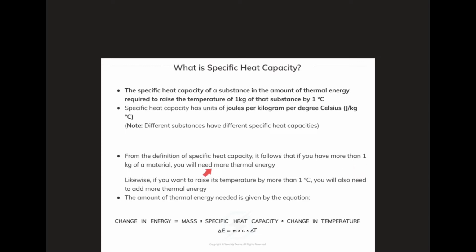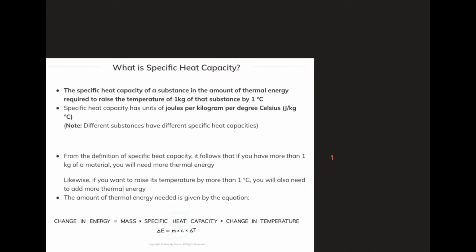You just take mass times specific heat capacity. Then you get the amount of heat required to increase the temperature by 1 degree Celsius. When you see this, you should think, oh, this is the thermal capacity formula, which is true. Thermal capacity is mass times specific heat capacity.